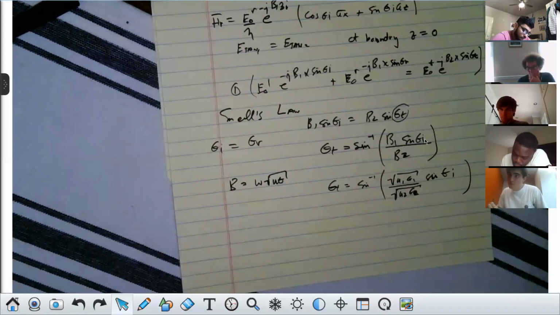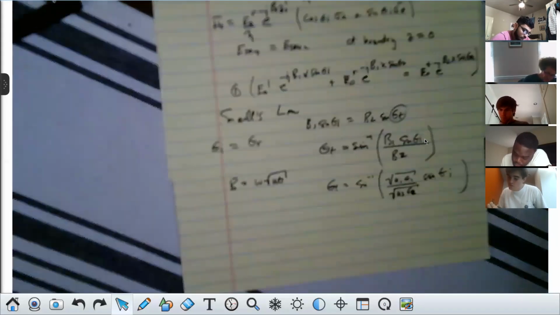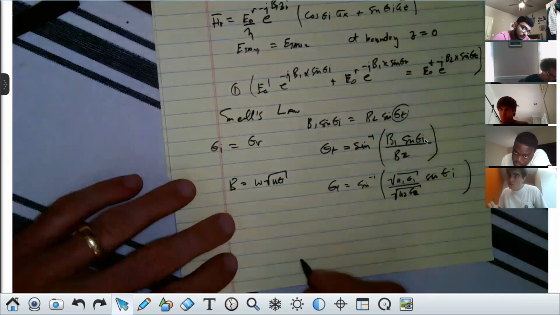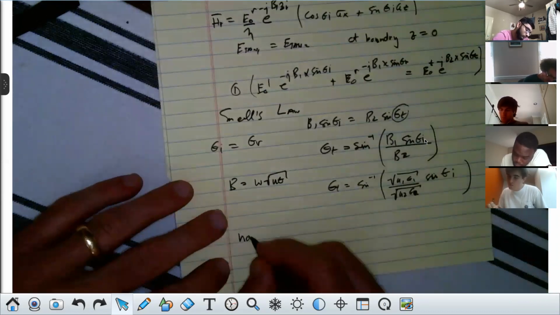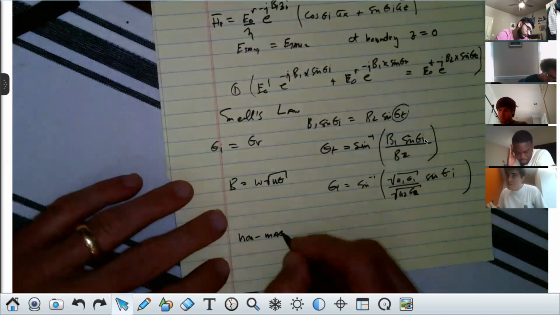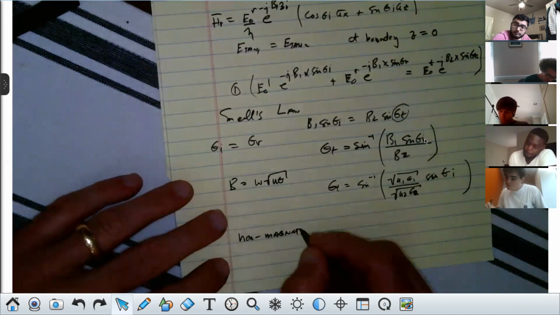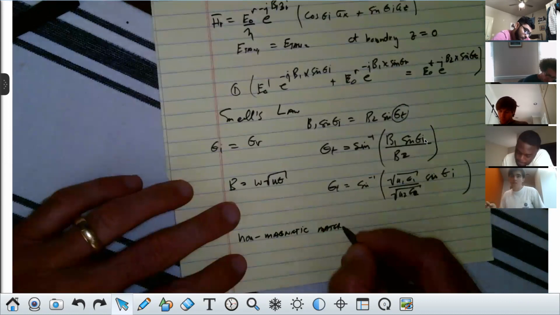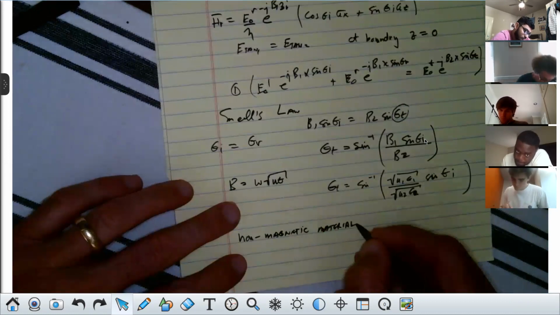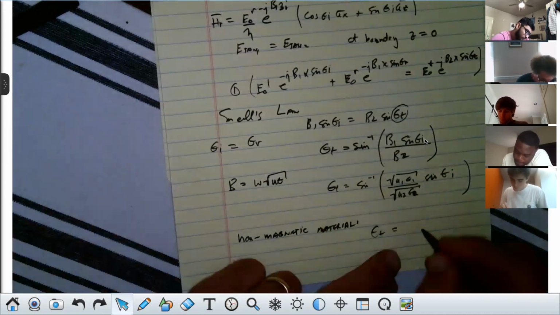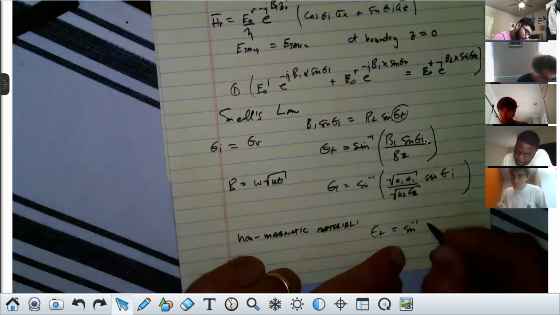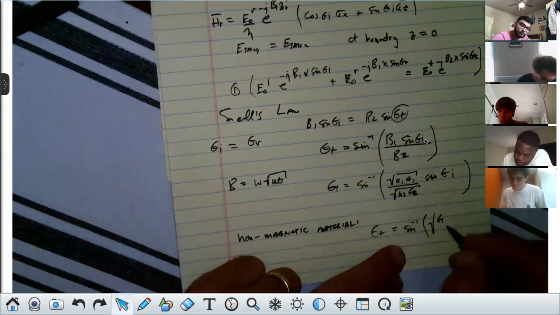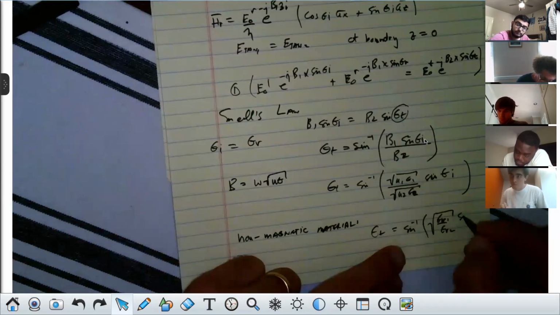And usually, for non-magnetic materials, theta transmitted is equal to the sine minus 1 of simply the square root of epsilon relative 1 over epsilon relative 2 times the sine of theta incident.